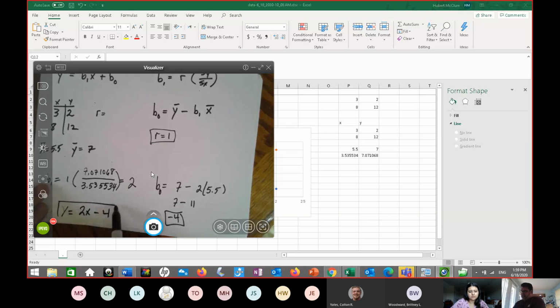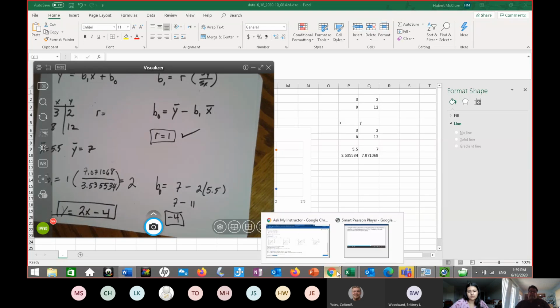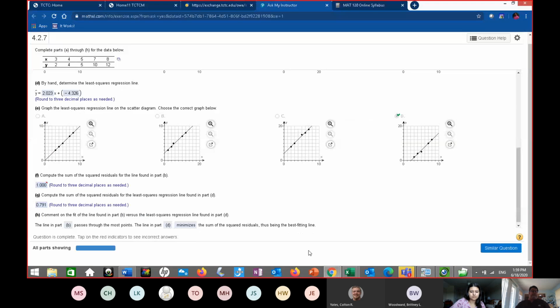I think they're wanting r, but let's see what the question's asking. I can't remember. It's really not that big of a deal. Yeah, that's what they're asking for. And there's the 1 right there. They're wanting the r value. There's no reason for that at all. No mathematical reason for you to calculate that.